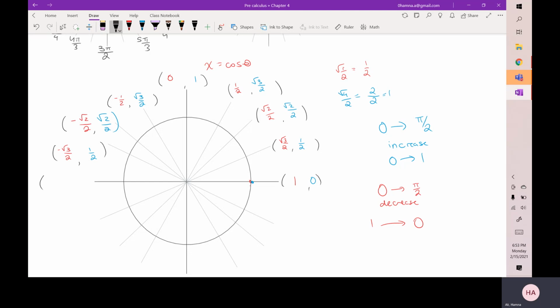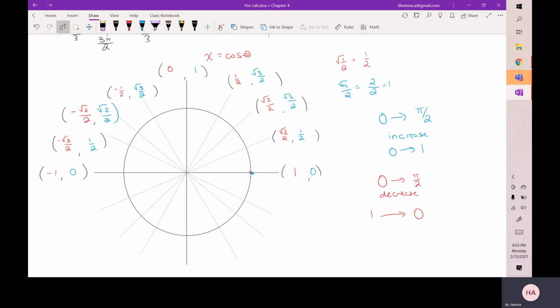And then when I get to pi, I'll get negative 1, which makes sense. We're on the x-axis, my apologies. And then we're going to be at 0 for y. And then in our third quadrant, everything's going to be negative. And here I'm going to stop color coding just so I can write this a little bit faster.